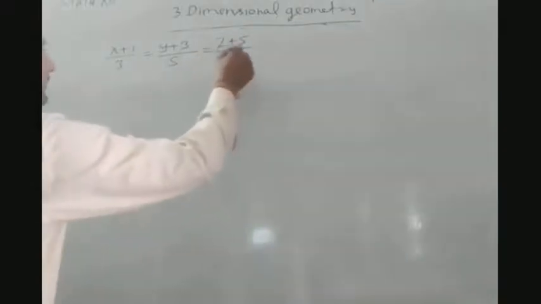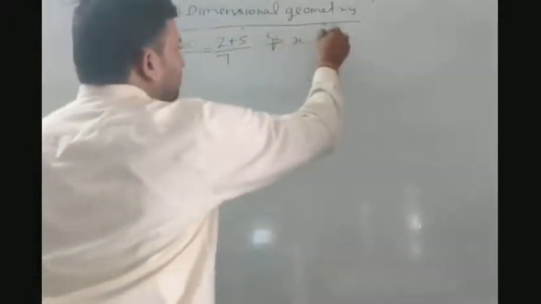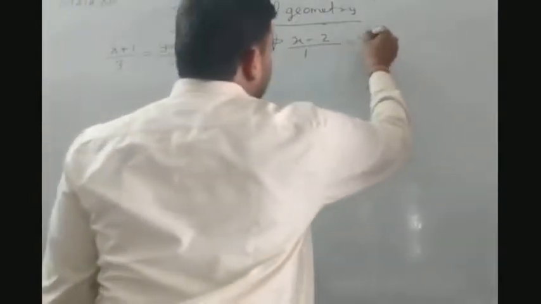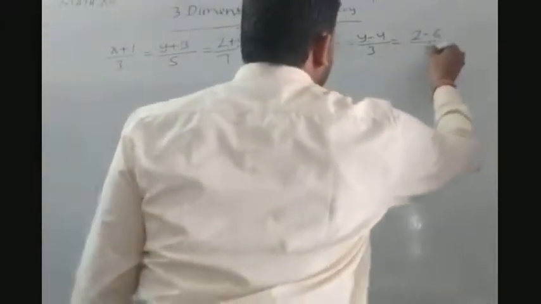We are given two lines: (x plus 1) by 3 is equal to (y plus 3) by 5 is equal to (z plus 5) by 7, and (x minus 2) by 1 is equal to (y minus 4) by 3 is equal to (z minus 6) by 3.